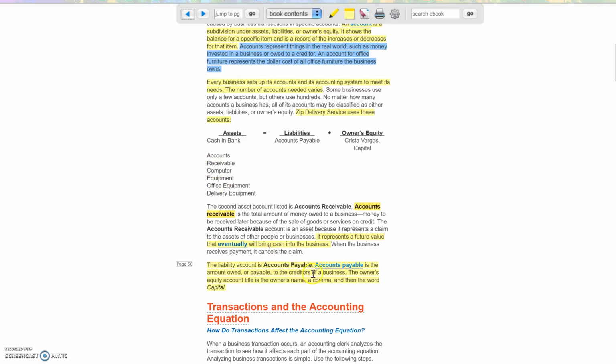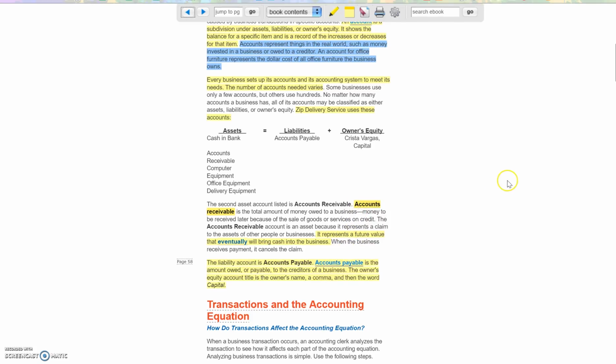Accounts payable, on the other hand, are the amount that we owe, or is payable to our creditor. So when we buy something on account, like the truck example, we would put that into accounts payable. So the difference is accounts receivable is us selling something and accounts payable is us buying something.